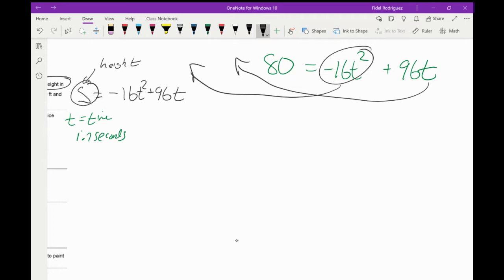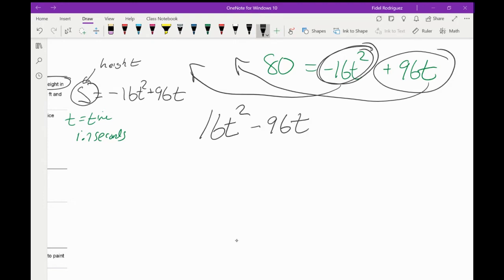Because we're moving those pieces, the signs of our numbers are going to change. This used to be a negative 16, so now it's going to become a positive 16t squared. This positive 96 is going to be a negative 96t. This 80 was already on that side, so it stays a positive 80. And since we moved both these pieces over, now we're left with the number 0.